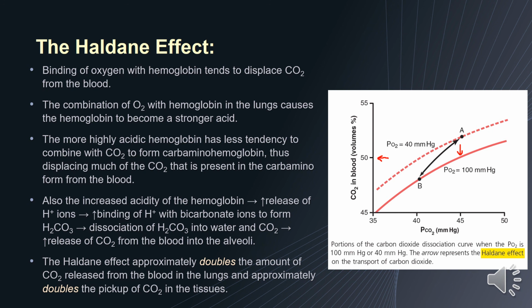So you can see that the Haldane effect affects mainly the attachment of the carbon dioxide to the hemoglobin, and the minor effect is by enhancing the release of the carbon dioxide from the bicarbonate in the lung.